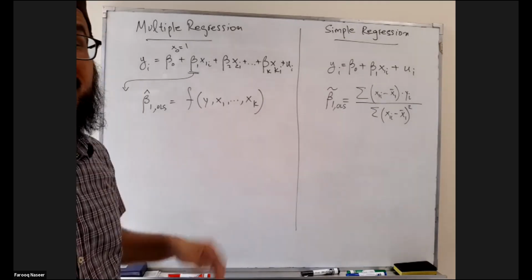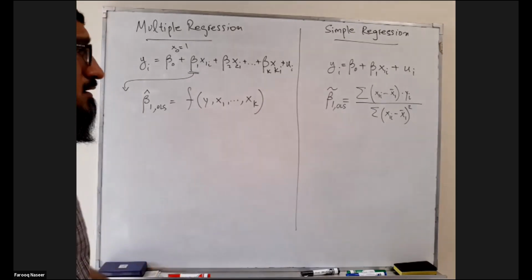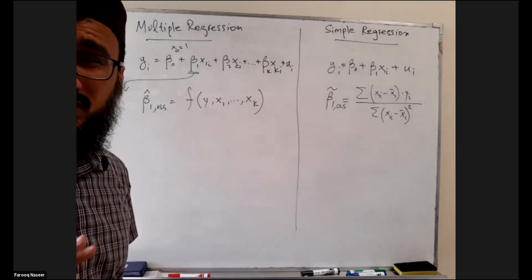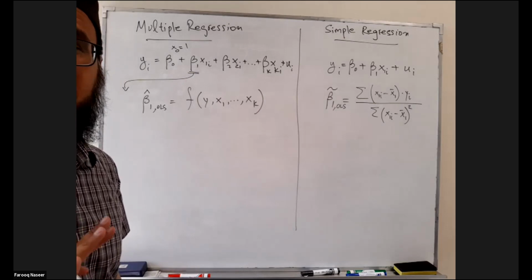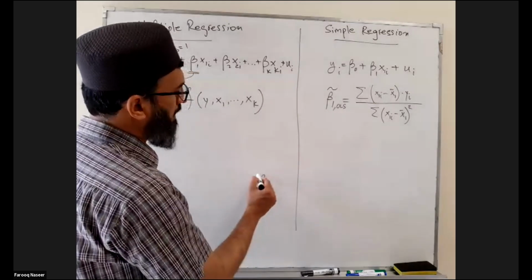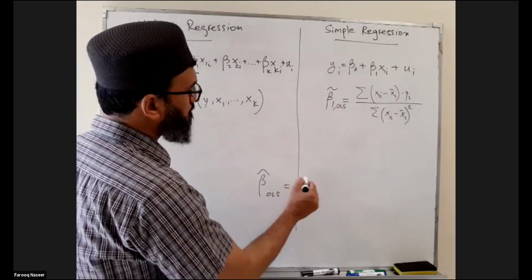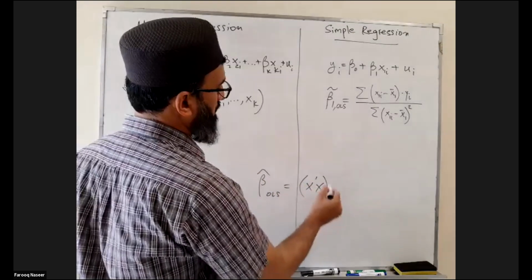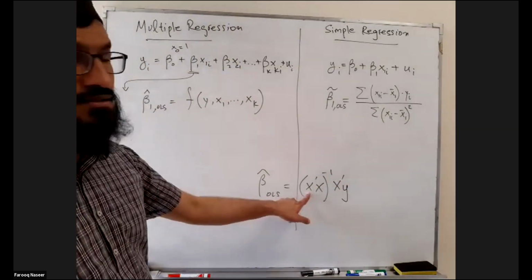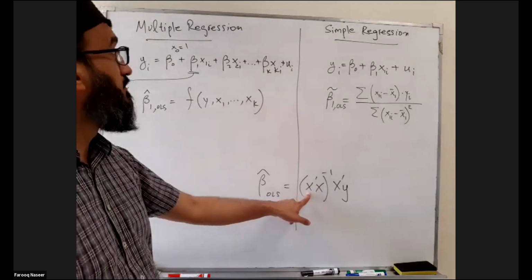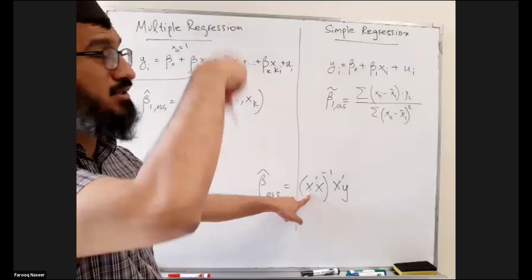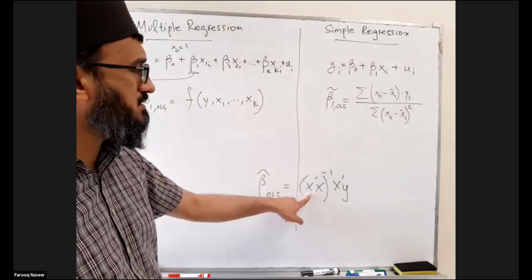It's better to express it in matrix notation, so I'm just going to write down the matrix formula. You can totally ignore it. That's a graduate econometrics class, and we haven't derived it. But to estimate the OLS estimator, you do this. You have a matrix capital X which has all the x variables in it, each x variable going down a column with all the observations.